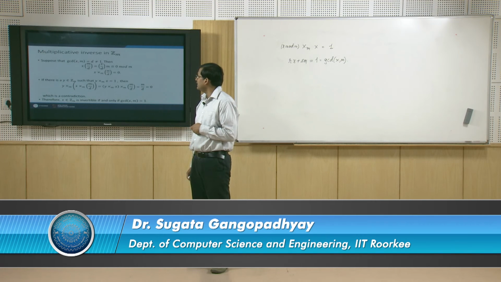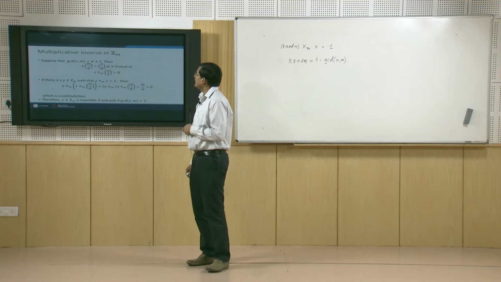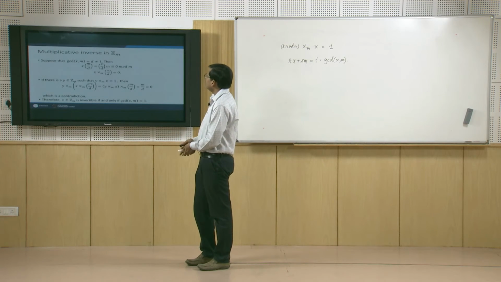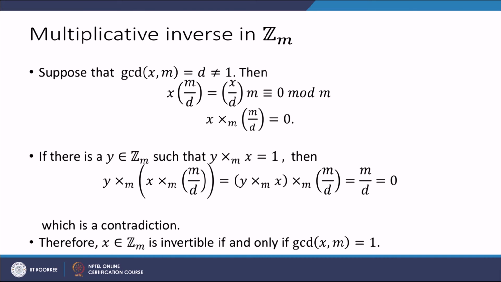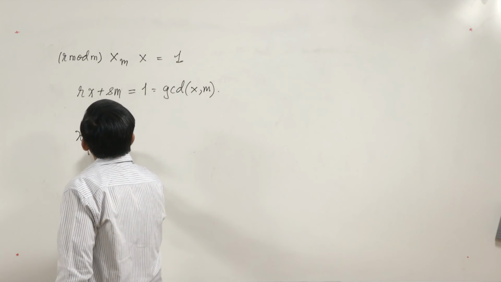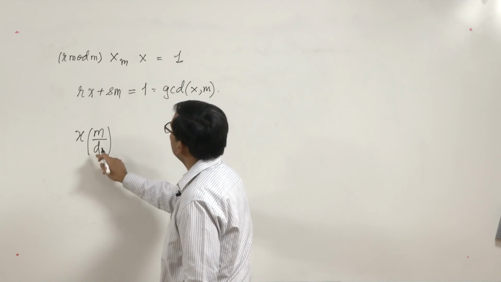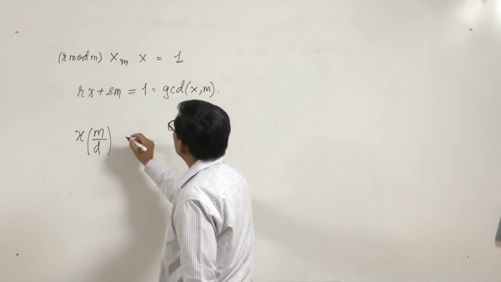On the other hand, if you have an integer x inside Zm whose GCD with m is not 1, that is d, something that is greater than 1, then we have a sequence of argument like this. I have got x times m by d. I know that d is the GCD, so d divides m, so it is an integer.